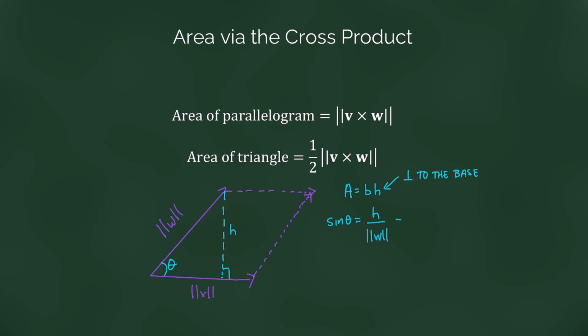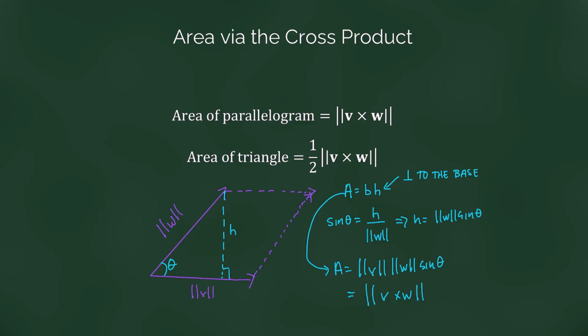Rearranging that, we get that h is equal to the magnitude of w times the sine of theta. Plugging that into our area formula, our area is going to be the base, which is the magnitude of v, times the height, which is the magnitude of w, times the sine of theta. But we know from previous videos that this quantity here is just the magnitude of the cross product of v and w.